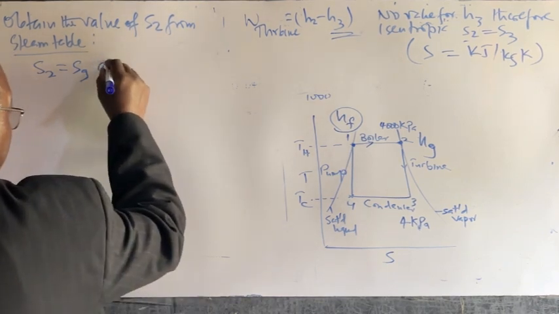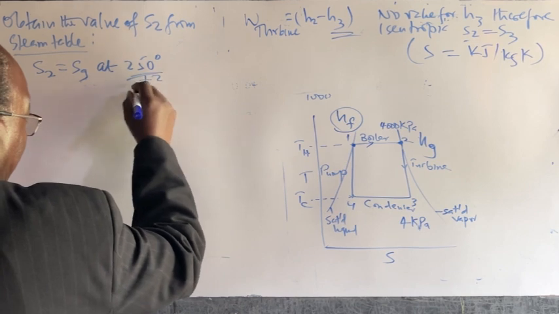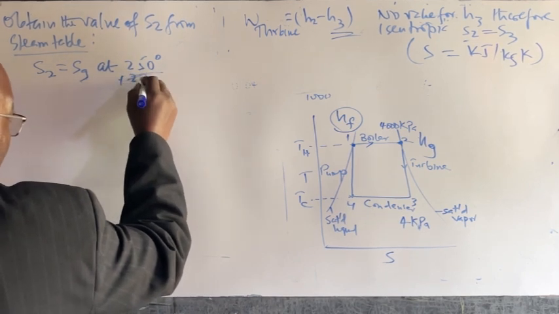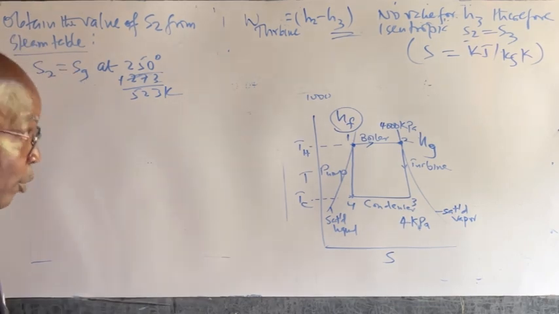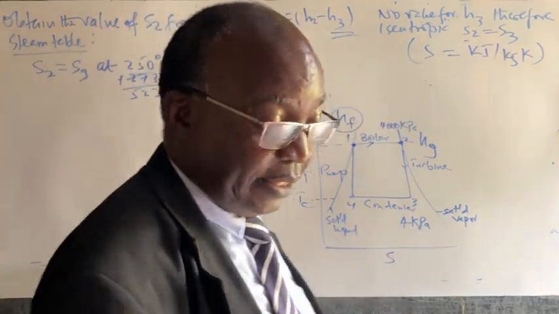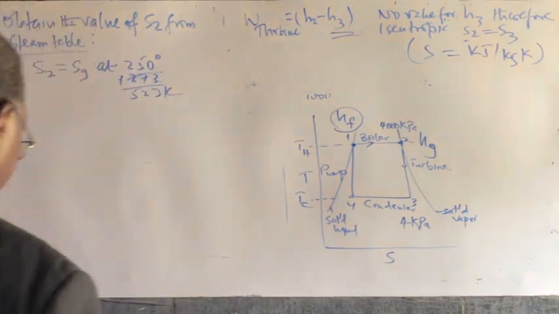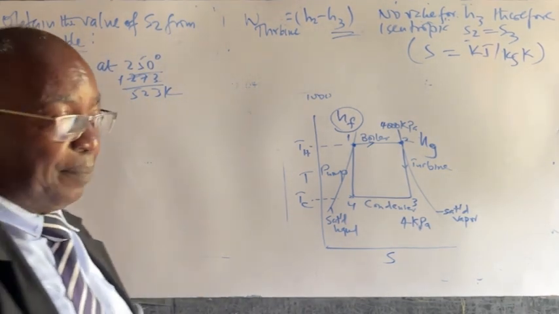So we look at that at 250 degrees centigrade. Remember when we added 273, we got 523 K, which is what we used. Remember, we used it in Kelvin. In the steam table, you must look at what temperatures have been put there.